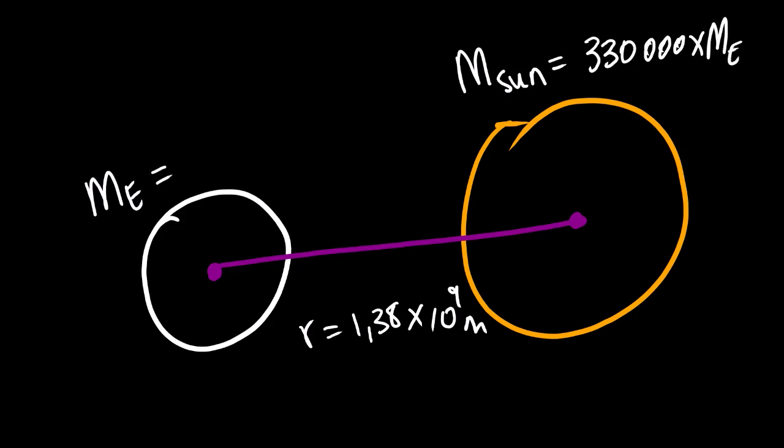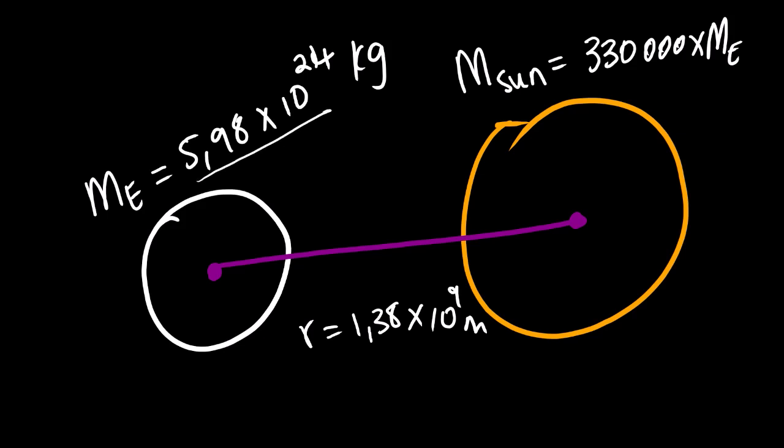So if we know the mass of the earth, we actually know the mass of the sun. The mass of the earth is 5.98 times 10 to the power 24 kg. So in order to find the mass of the sun, we need to multiply this number by 330,000, and then that will be the mass of the sun.